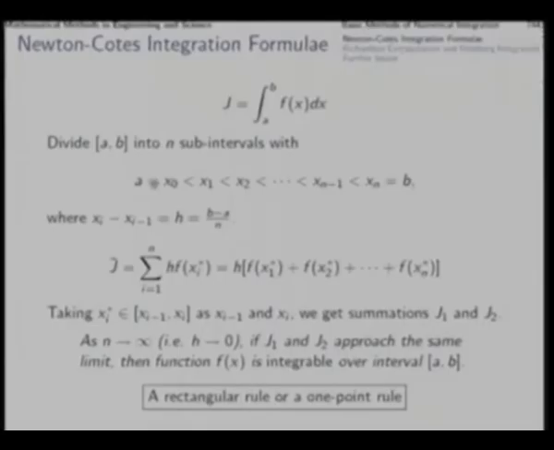Then that will mean that xn minus x0 is n into h, that is, for every subinterval we have the size h, which is (b minus a) by n.